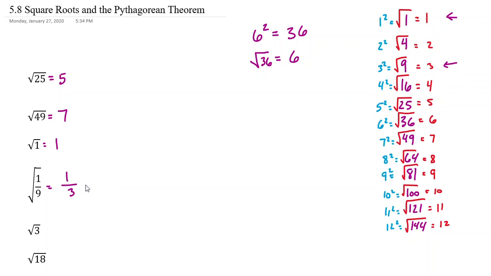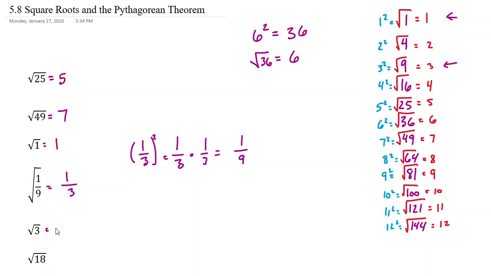And that's true because 1/3 times 1/3 equals 1 times 1, which is 1, and 3 times 3, which is 9. So I could say that 1/3 squared is 1/3 times 1/3, which is 1/9. And so the square root of 1/9 takes me back to what I started with, 1/3. All right. Well, piece of cake, right?